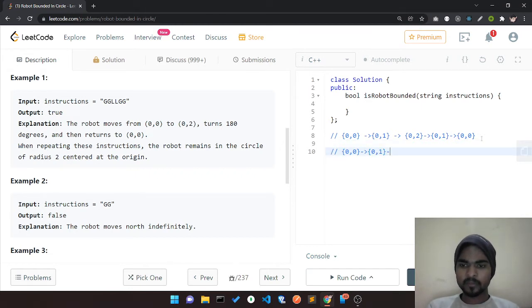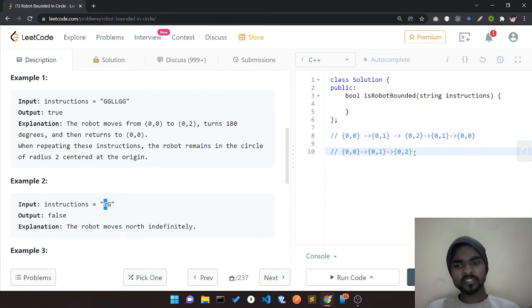When I call another instruction of this G, it reaches 0 comma 2. So now the instruction is complete. I'll start again from this G and call it again.